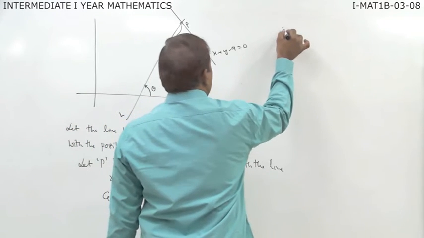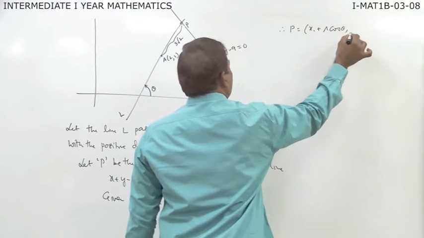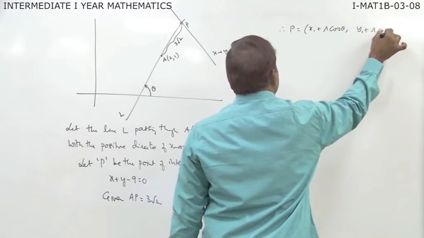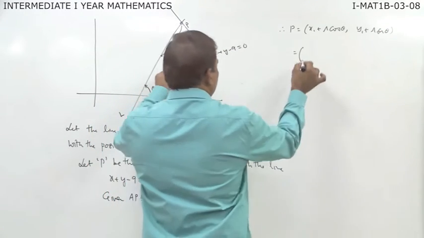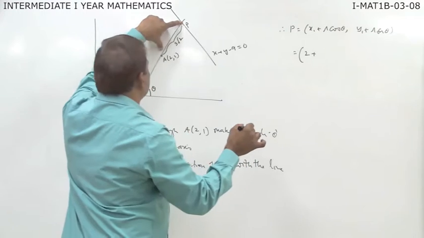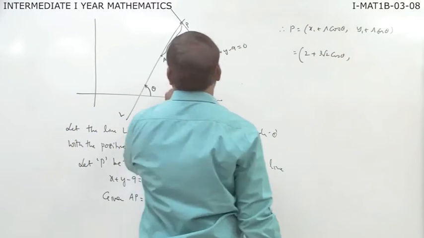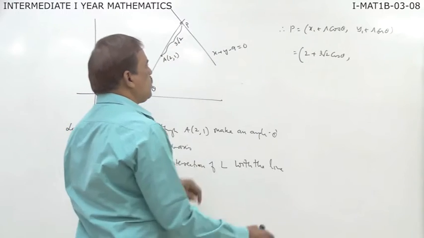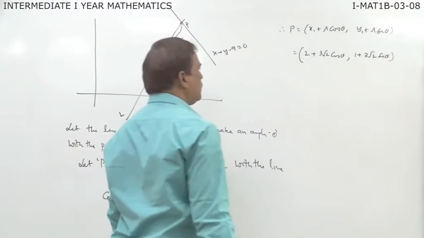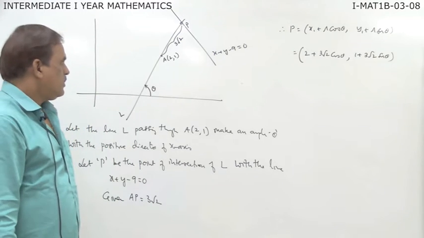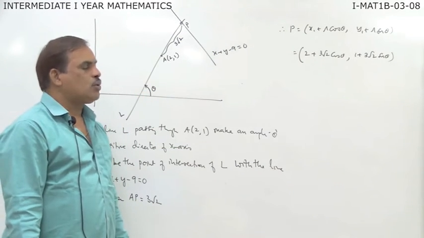Therefore, P is equal to x1 plus r cos theta, y1 plus r sin theta. అంటే x1 అంటే ఎంత ఇక్కడ? x1 అంటే 2. 2 plus r is nothing but 3 root 2 cos theta and y1 is 1 and r is 3 root 2. 1 plus 3 root 2 into sin theta. This is P. P బిందువు నిరూపకాలు ఇవి అవుతున్నాయి. 2 plus 3 root 2 cos theta, 1 plus 3 root 2 sin theta.